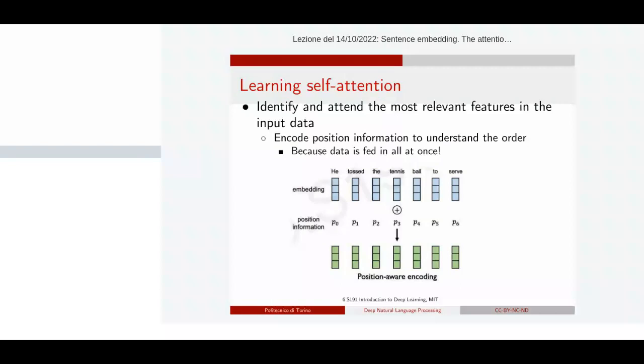Whereas in this approach, you can feed all the information at once, because you already embed the position of the word-level tokens directly in the representation. So a position-aware encoding allows you to parallelize the computation, getting much better performance.